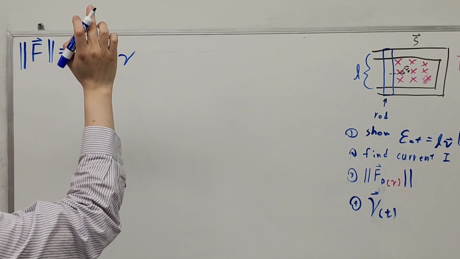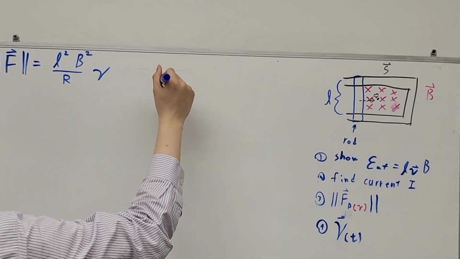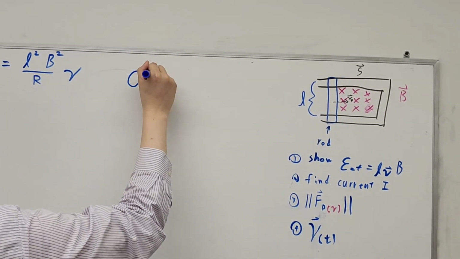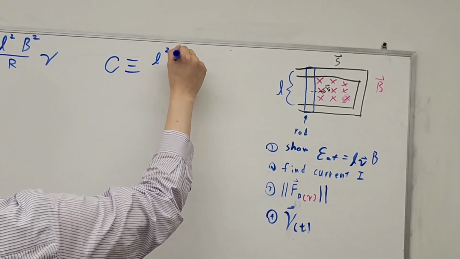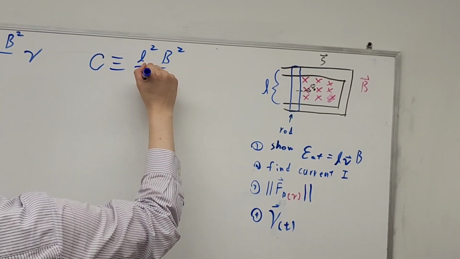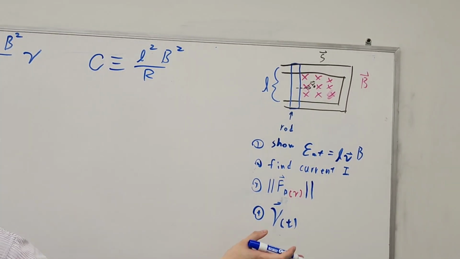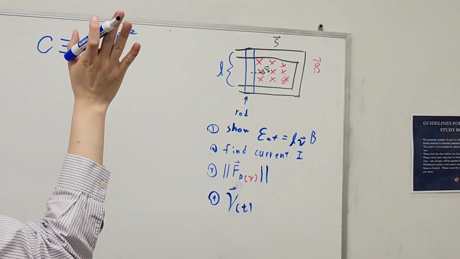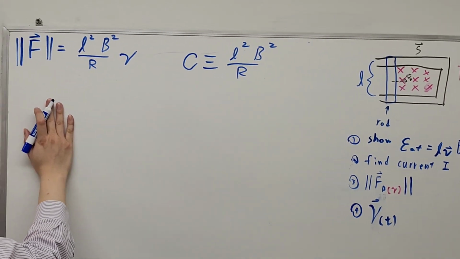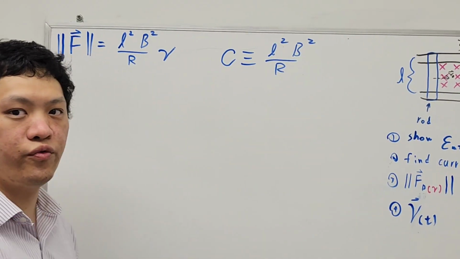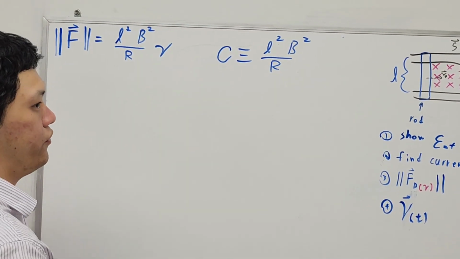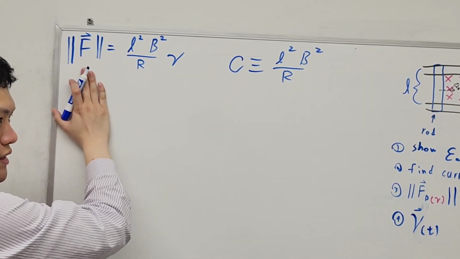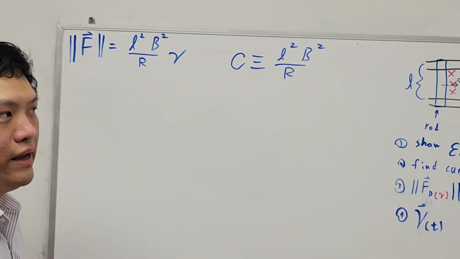Okay, now we know L is constant, B is constant, and R is constant. So I'm going to just define C equal to L squared B squared over R. This will make the following calculation easier because we're going to find the velocity as a function of time. Now, in this case, we are assuming there's no friction, so the net force will be just the magnetic force, and F net equals ma.